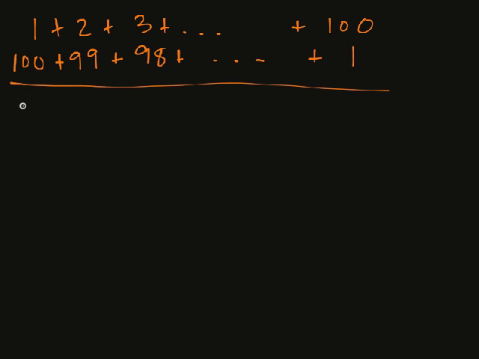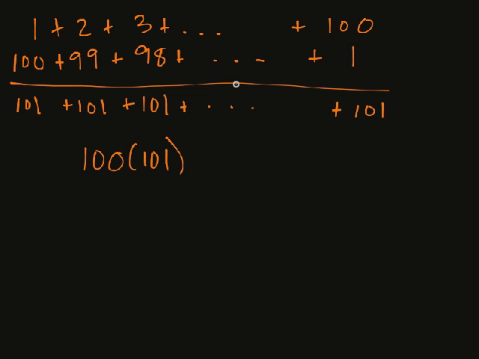So if I add them up by columns, I get 101 each time. How many 101s do I have? Well, I have 100 of them. There were 100 spots. 100 of the 101s. But now I've counted my list twice. So I'm going to divide by 2. And I get 5050. How cool is that?